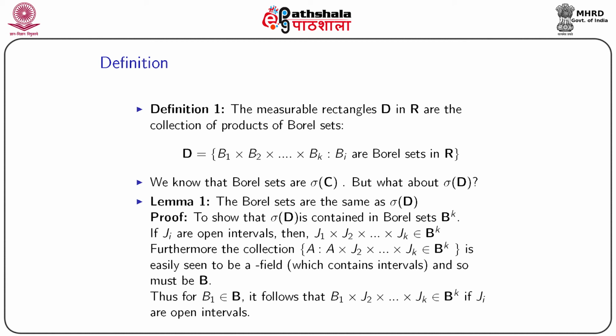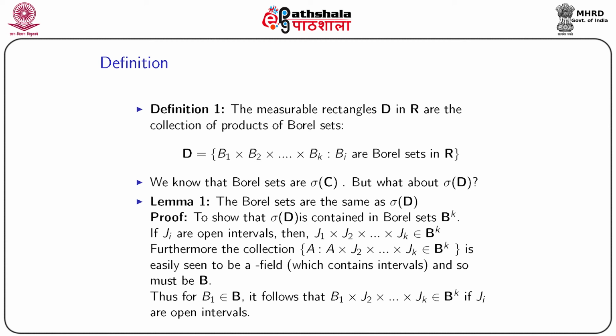We take the product of these Borel sets and get a collection D, and we call this D the measurable rectangles. And we know that Borel sets are the smallest sigma field generated by C. But what about the sigma field generated by D? Well, we have one lemma that says that the Borel sets Bk are the same as sigma D.